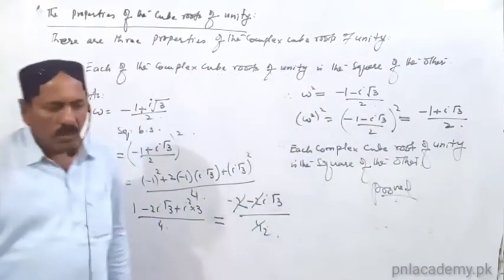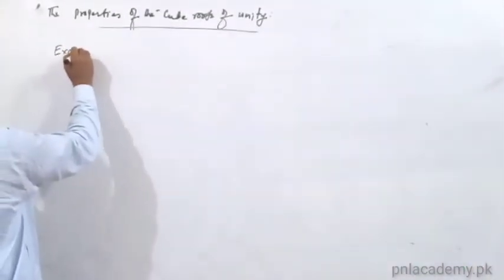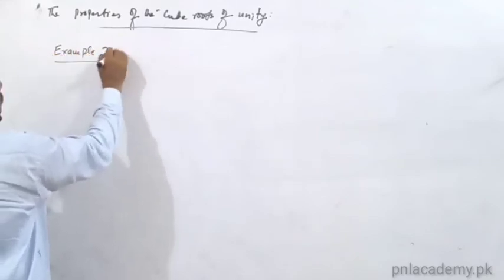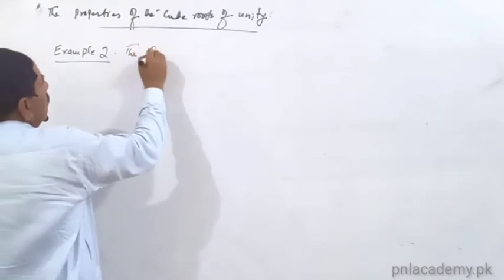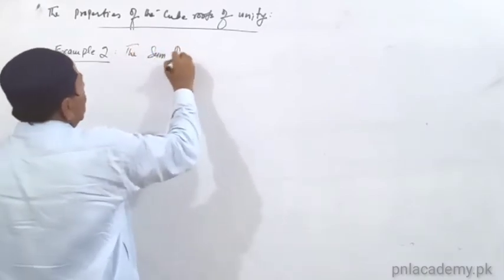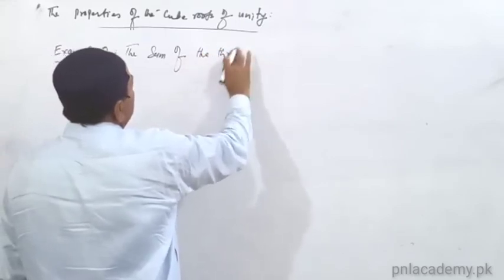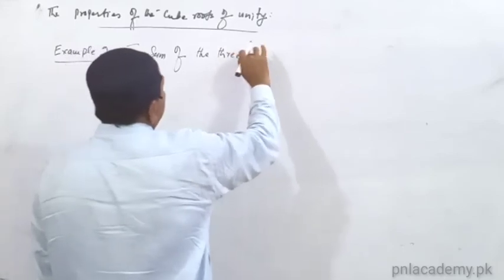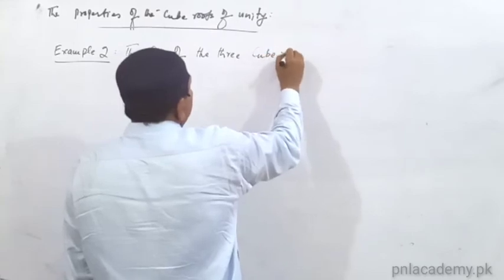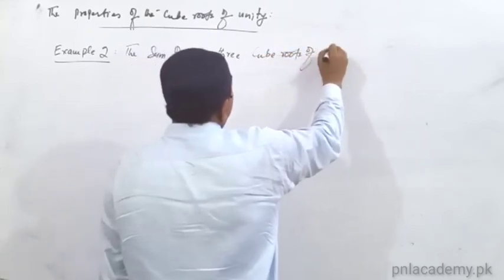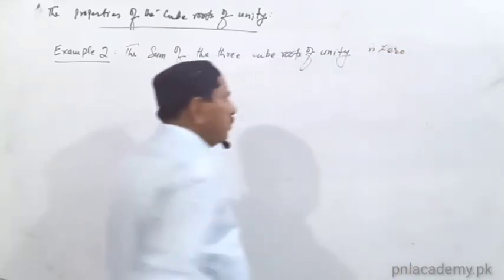Proved. Example 2: the sum of the three cube roots of unity is 0.